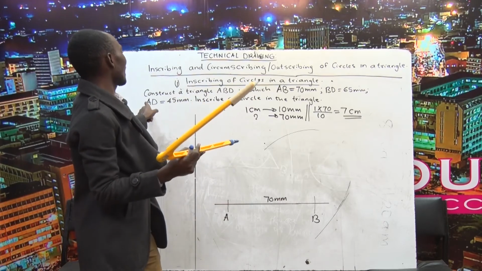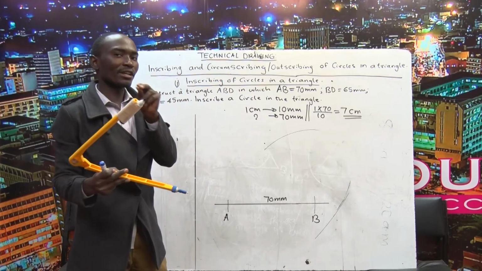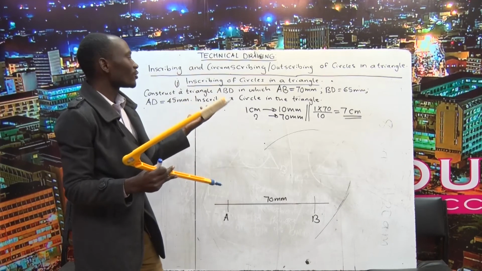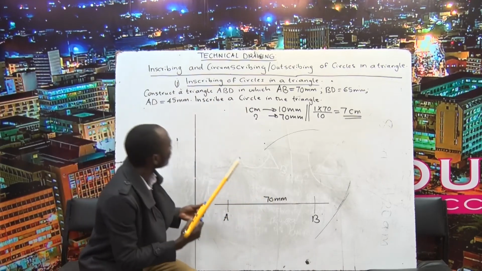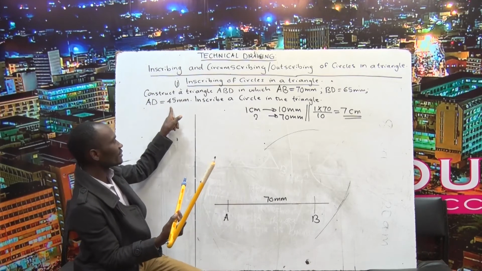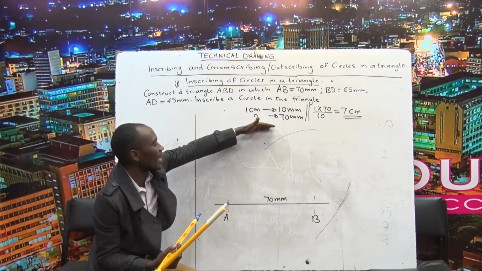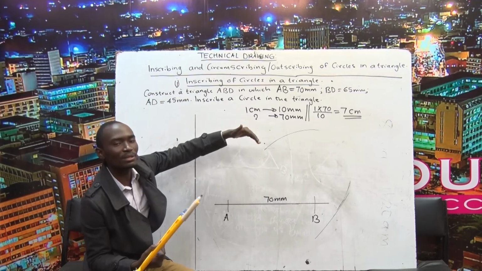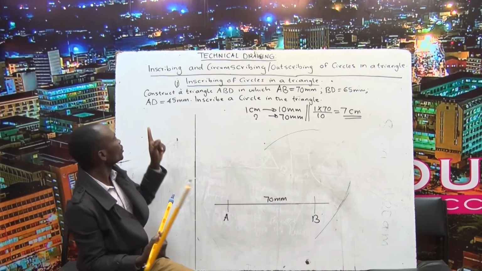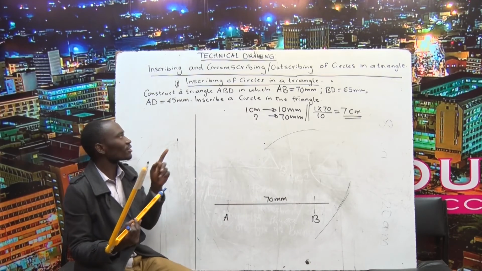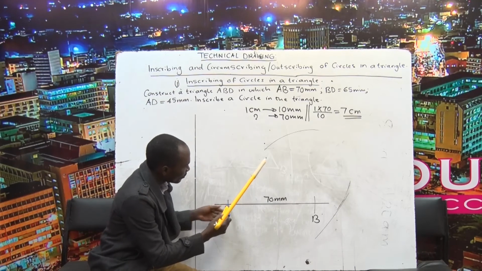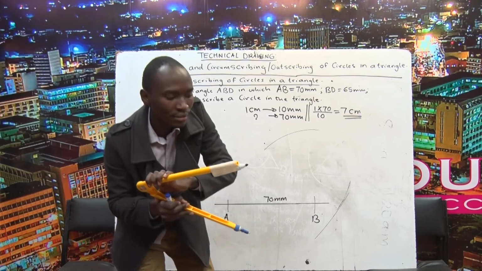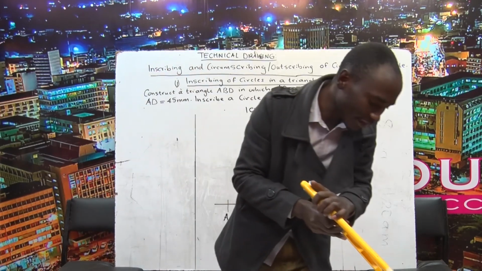Again, I've been told AD is 45 millimeters. So I stand at A, because wherever D is and wherever A is, the distance between D and A should be 45 millimeters. I stand at A and measure my 45 millimeters.